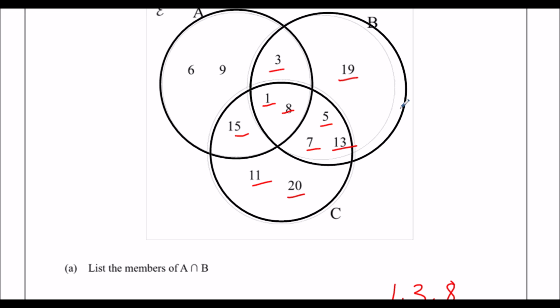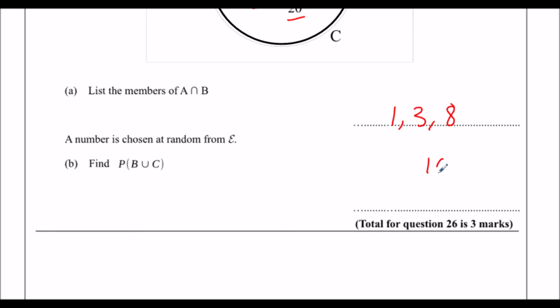So how many numbers are in the union of B and C? 1, 2, 3, 4, 5, 6, 7, 8, 9, 10 numbers out of 12 in total. So it's 10 twelfths or 5/6.